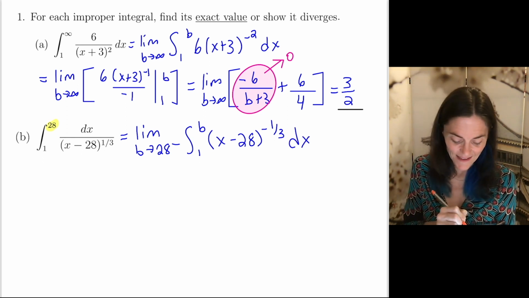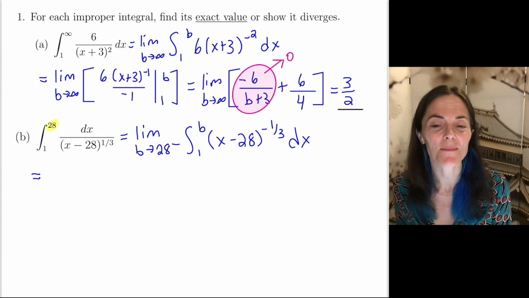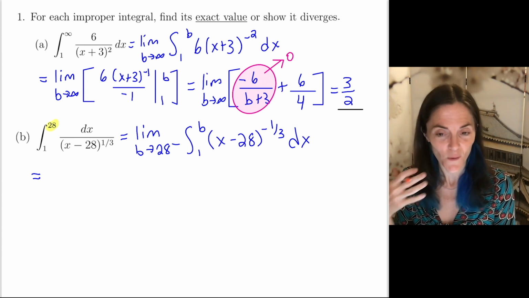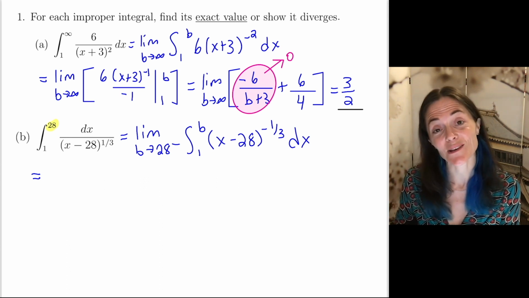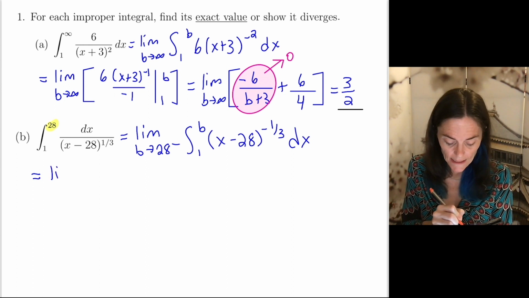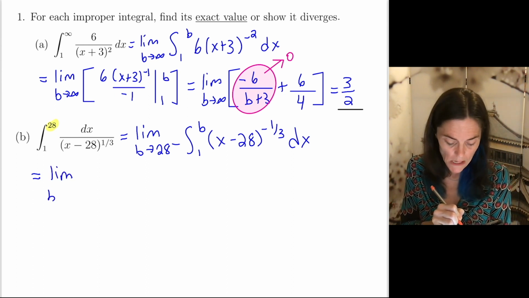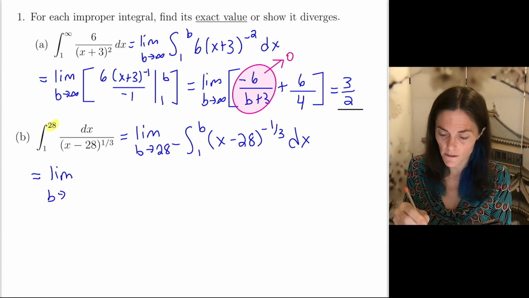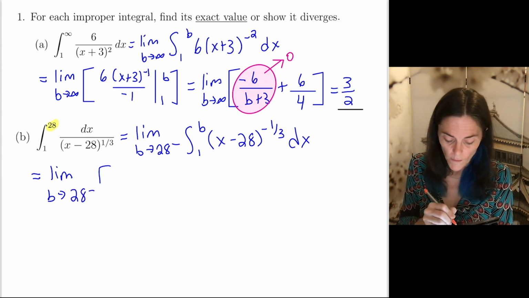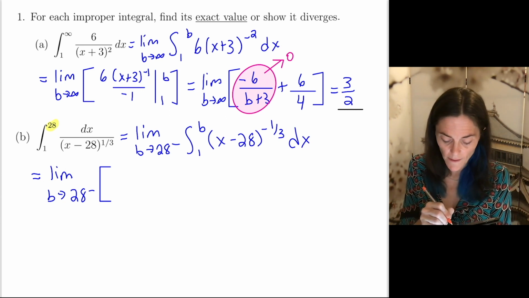Okay, and also just like the example above, my inside function has derivative 1, or if I were to write out the steps of substitution, du would be dx. I'll just integrate, just like I did in 1a. So this is a limit as b goes to 28 on the left. And then we add a power and divide by the higher power.